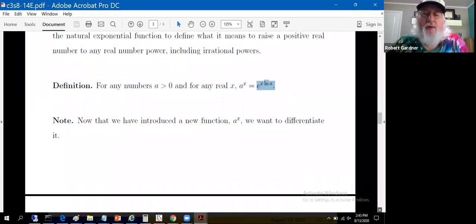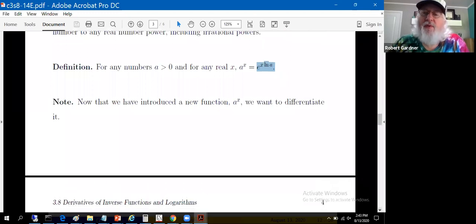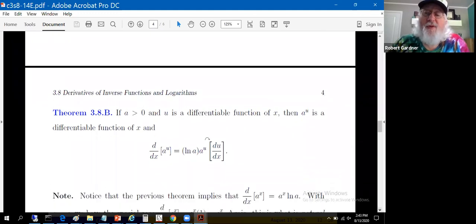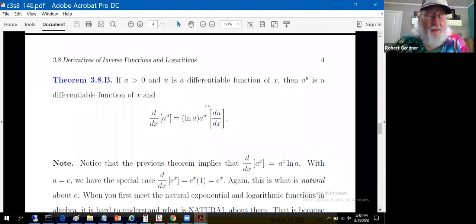Okay, so we want to differentiate this new function a to the x, because that's what you do in Calculus 1. Actually, if we're doing differentiation, we ought to be talking about natural exponentials and natural logs. Here's why.